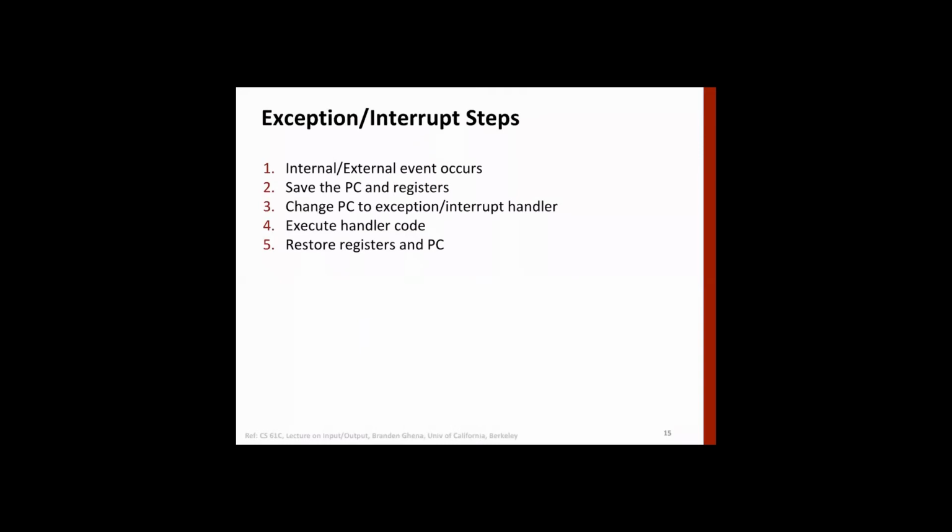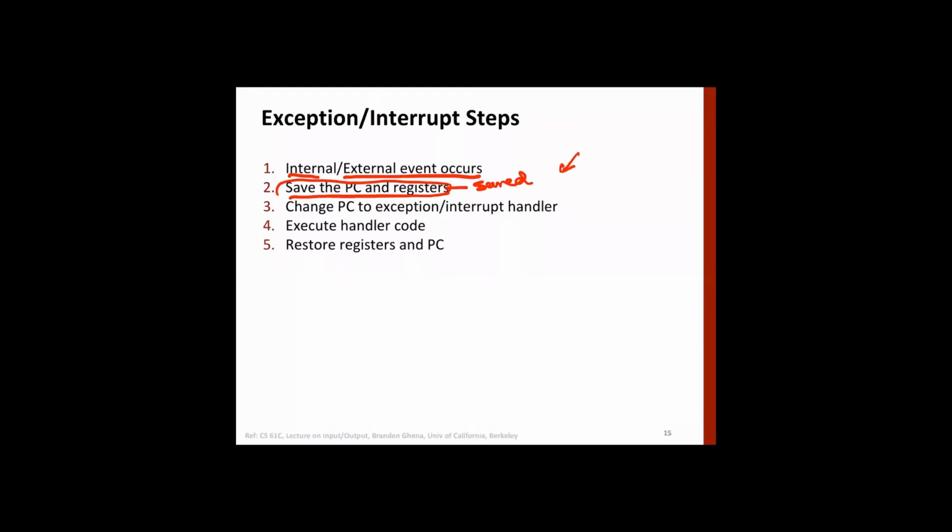Okay, so when an exception or interrupt happens, so an internal or external event occurs, what will be done? The PC, the program counter register, will be saved. We have seen how to do this. Okay, where is it saved? It is saved in the stack area. Okay, we have studied that.